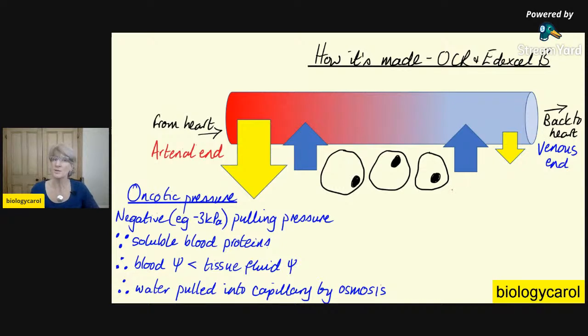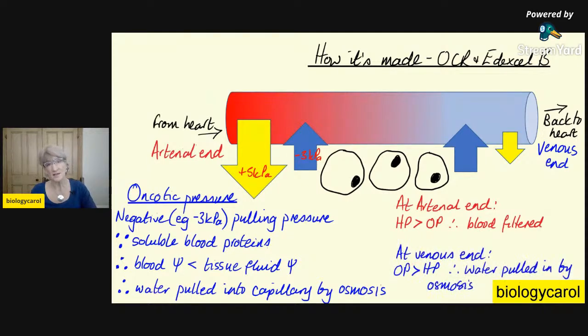So for you OCR and Edexcel B candidates, at the arterial end, you need to be able to say that the hydrostatic pressure is greater than the oncotic pressure. What numbers did we have in here? We had +5 kilopascals and we had -3 kilopascals. So there is a net pushing out of things out of the blood. The filtering occurs, therefore blood is filtered.